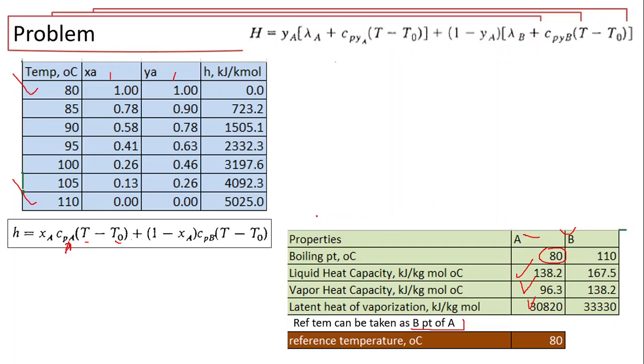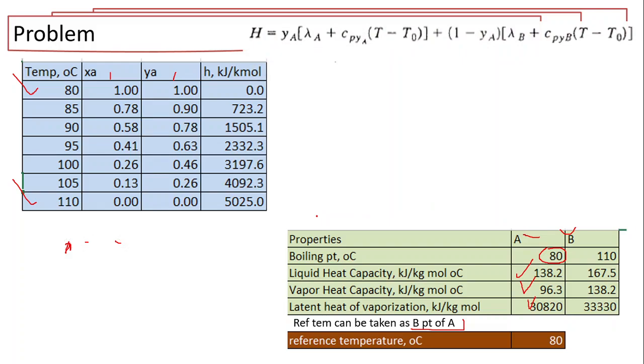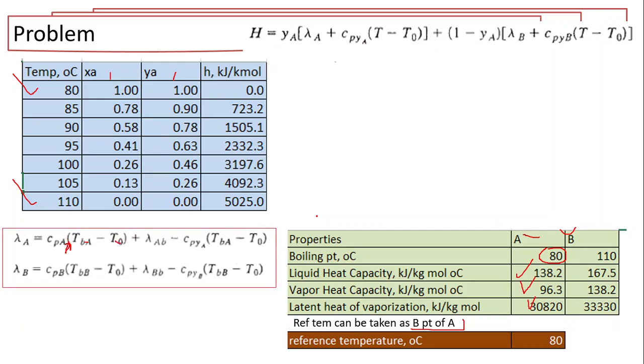Now going for the calculation of capital H, that is the enthalpy of vapor. For that we have to correct our vaporization concept, and we have to find the lambda A and lambda B values, for the correction of the lambda value being used here. CPA, CPYA, CPB, CPYB, all four values are given.